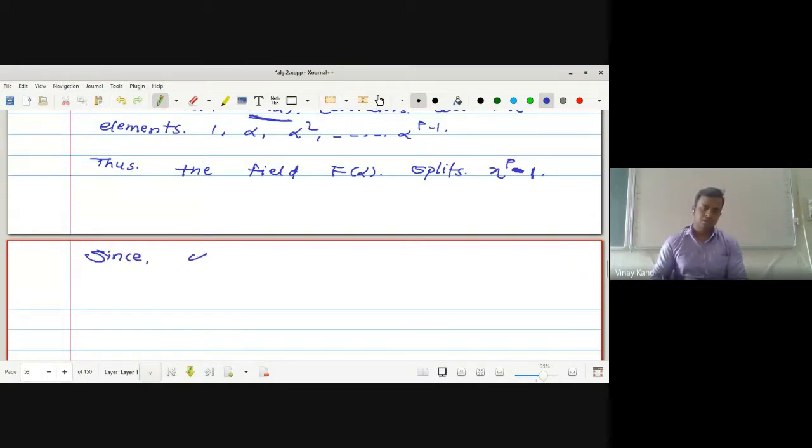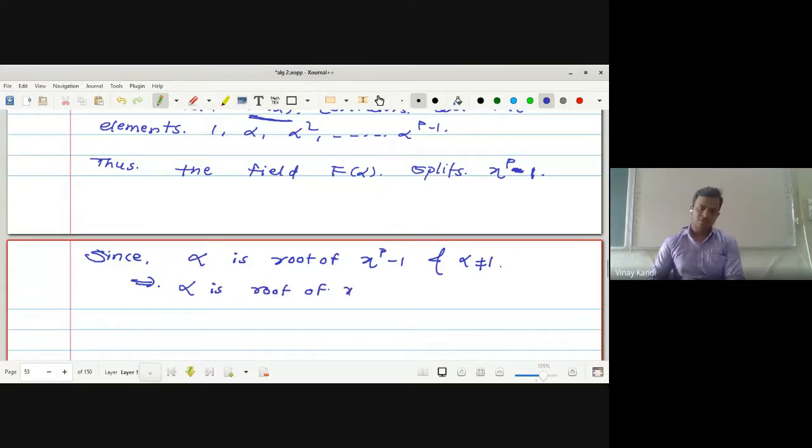Since alpha is a root of x raised to p minus 1 and alpha is not equal to 1, this implies alpha is a root of x raised to p minus 1 plus x raised to p minus 2 plus up to so on, x square plus x plus 1 is equal to 0.